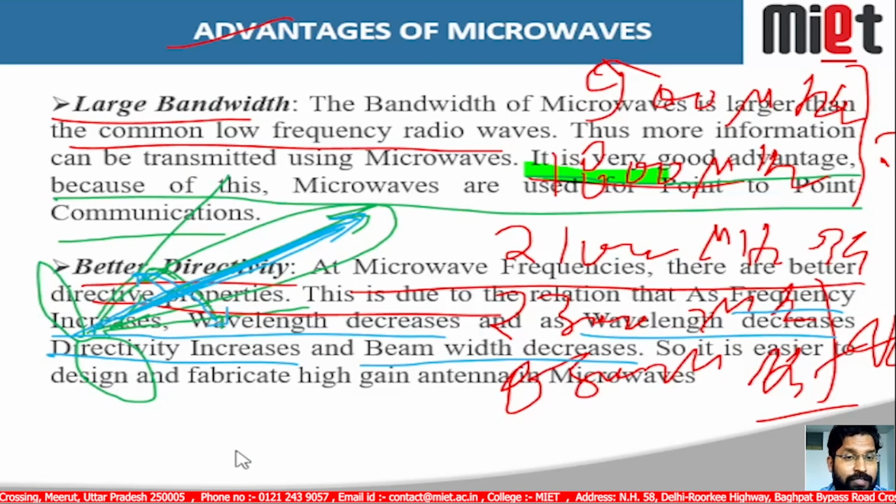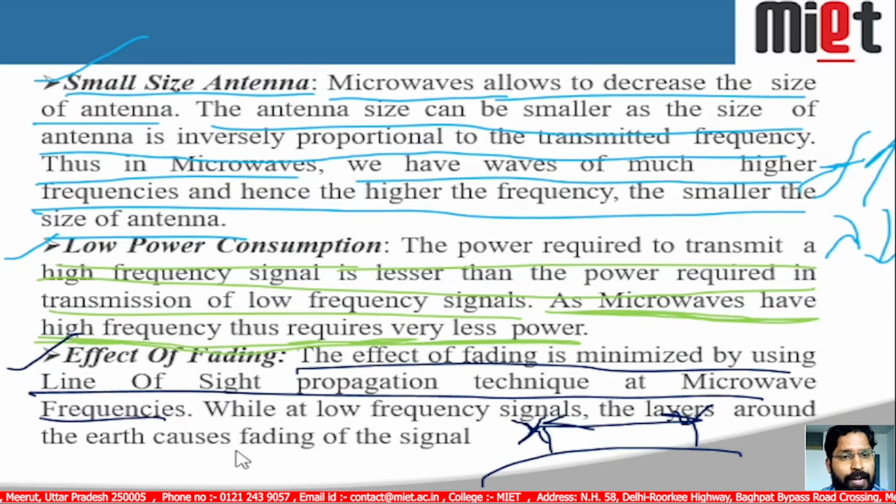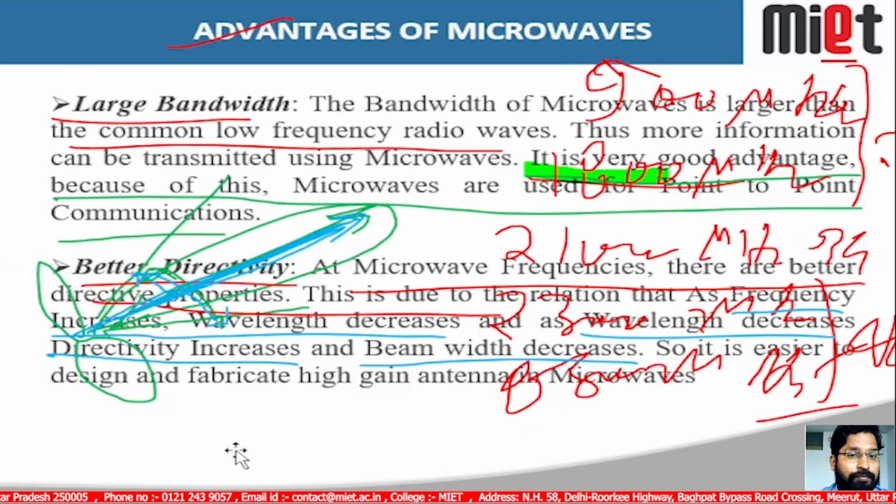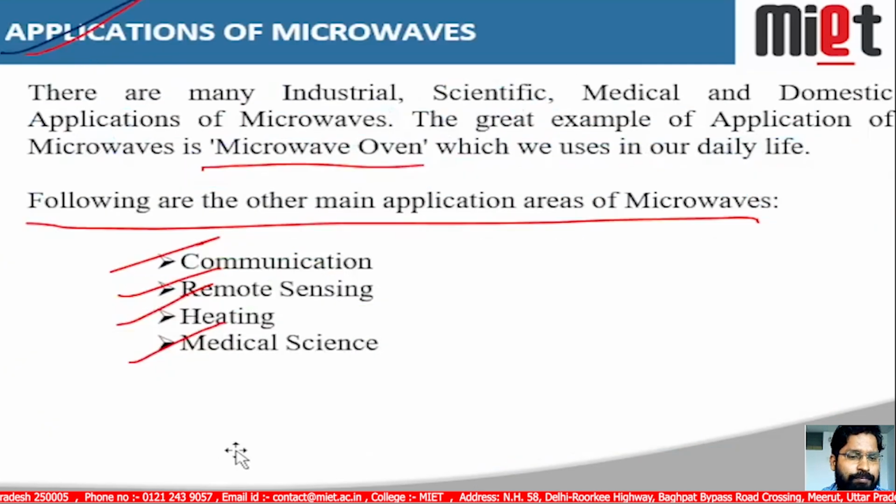I also discussed the advantages of microwave: large bandwidth, better directivity, small size antenna, lower power consumption, and less effect of fading.